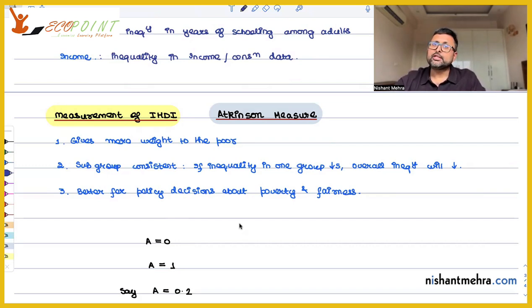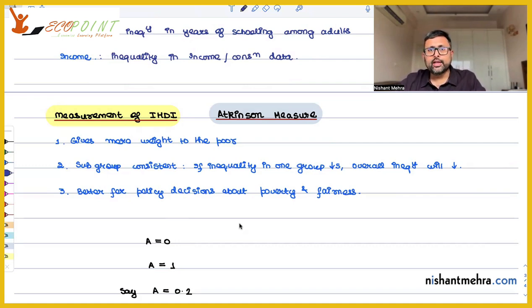If you pick other measures of inequality, due to the way they are calculated, even if inequality in A is the same and inequality in B reduces, they might not show much change. But this is subgroup consistent, and it is better for policy decisions, for fairness, for tackling poverty.